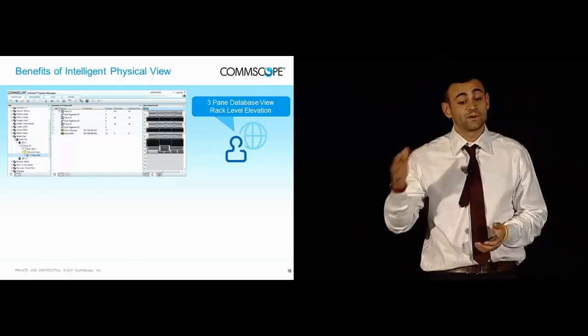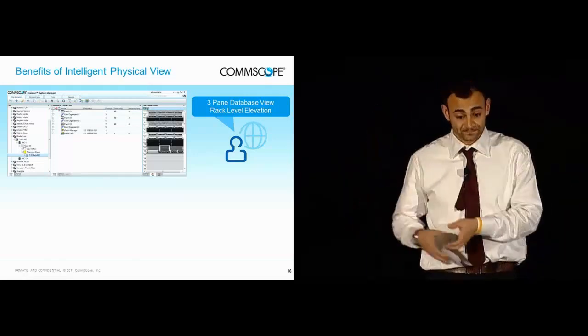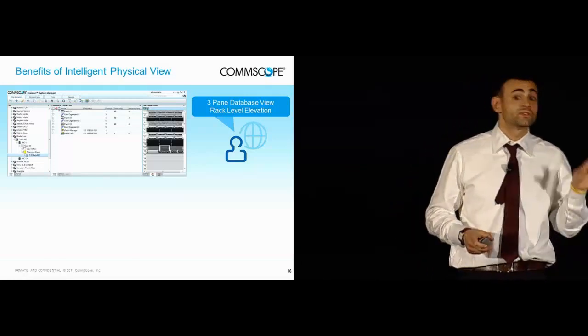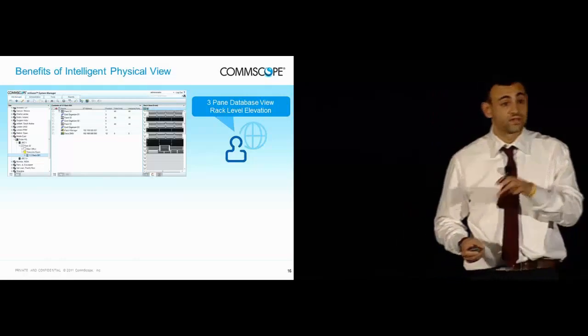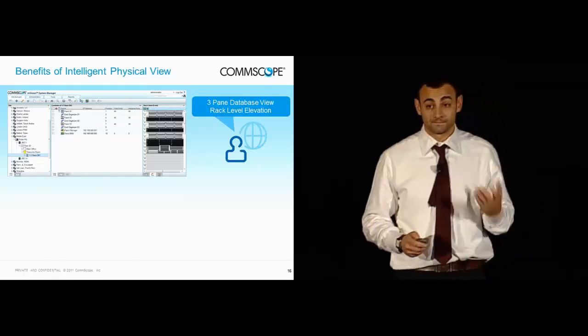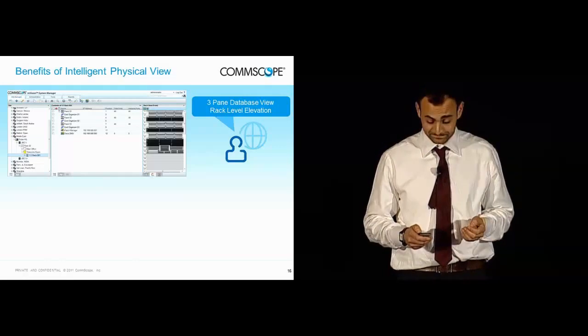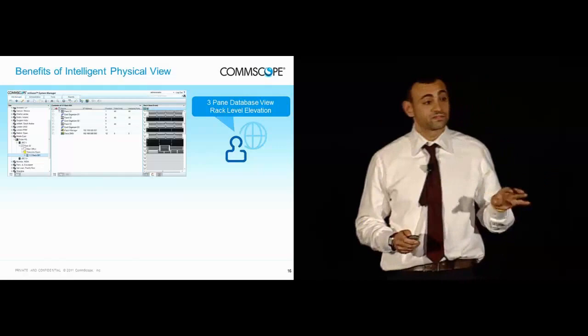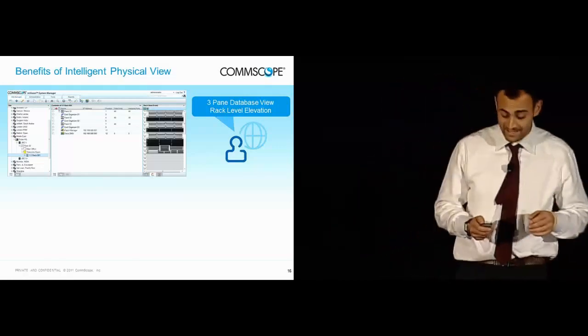And what I like to see the most is in the right-hand pane, we actually see a rack-level view. And there's the ability to drag and drop between these panes to install, commission or decommission infrastructure in your network. So that's several benefits. I think this is one of the more important benefits.